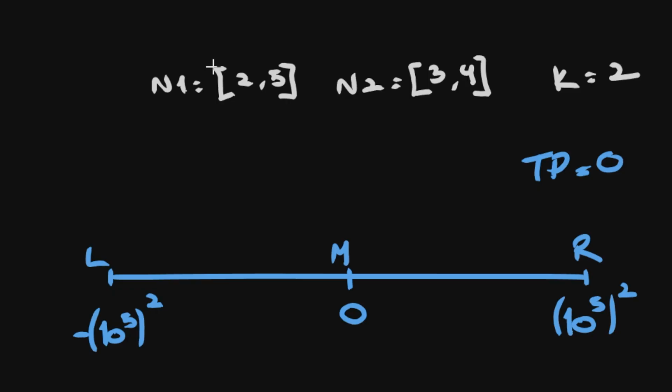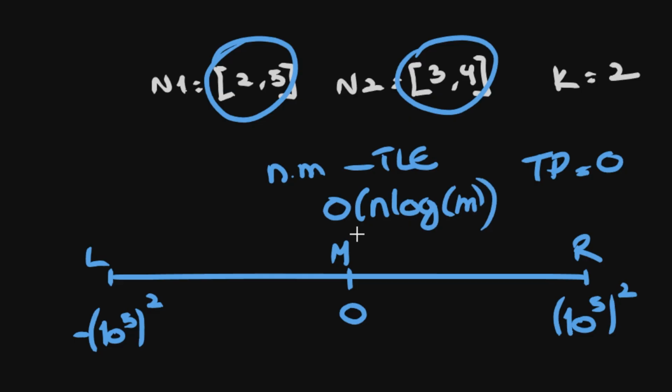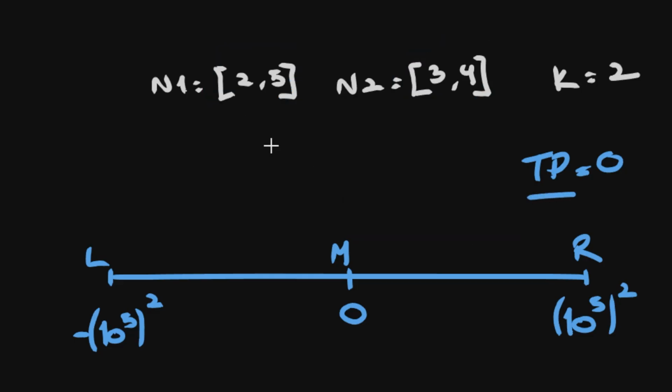And remember, we can't iterate this and this in a nested loop because that will require an n times m complexity, which will throw a TLE error. So we need to think about something more efficient. And luckily for us, there's something we can implement here that runs in big O of n log m. So let's see how this works. We know that to get the target product, we need to take one number from n1 and multiply this with one number from n2.